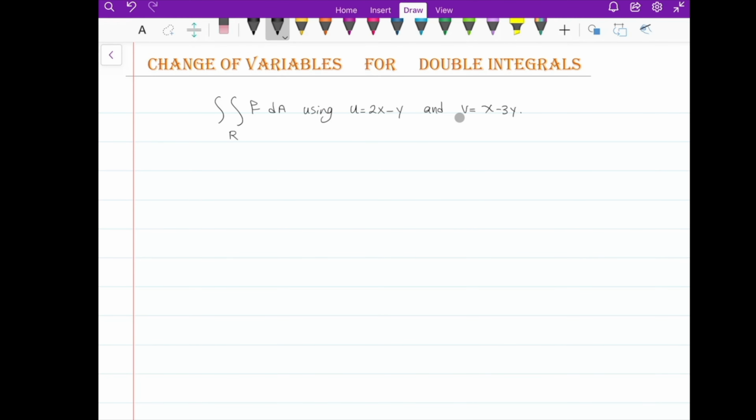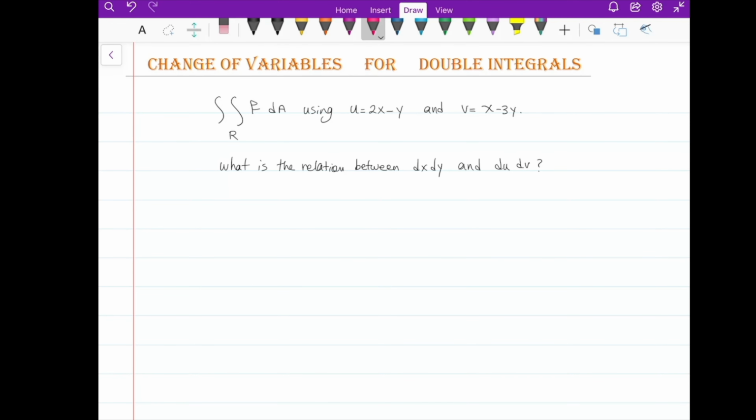The question is this: what is the relation between dx dy, basically dA, how can I change dA, and du dv?